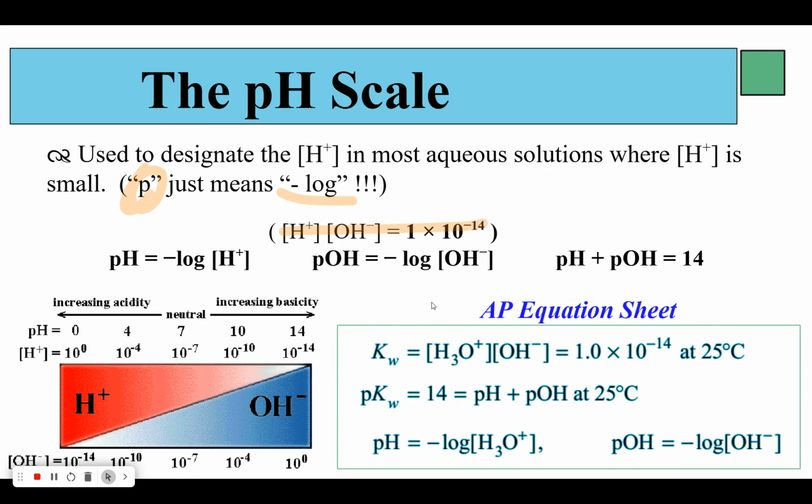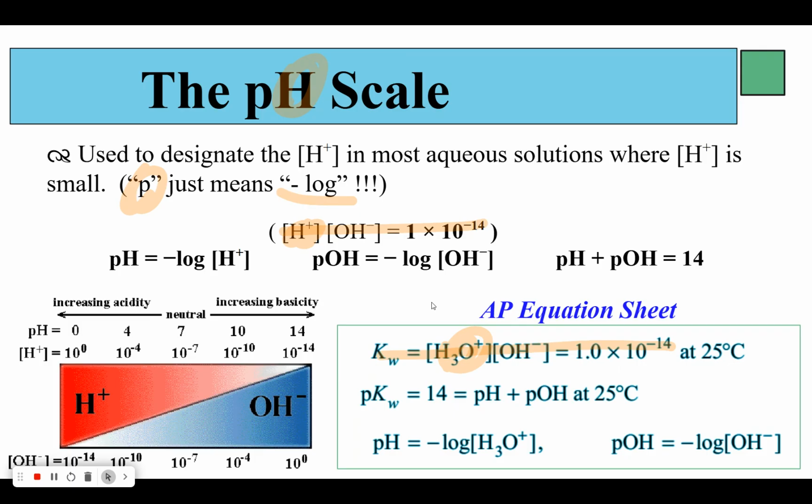Remember, we've got things like our K expression here that has the H3O plus instead of the H plus. And I mentioned that I tend to use the just plain old H here because I think that reinforces this idea of pH being the negative log of the H concentration. Any of the H stuff goes together. Sometimes it's harder to make that link and that connection when it's H3O plus all over the place.